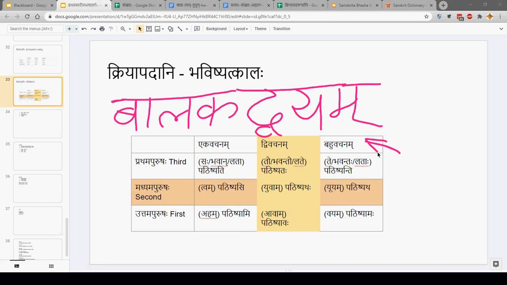And with this, you can use this word anywhere where a Napumsakalinga Ekavachana word can be used.